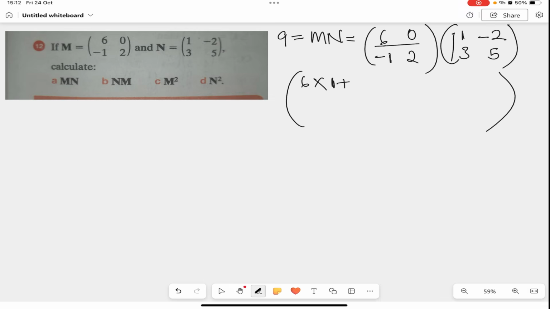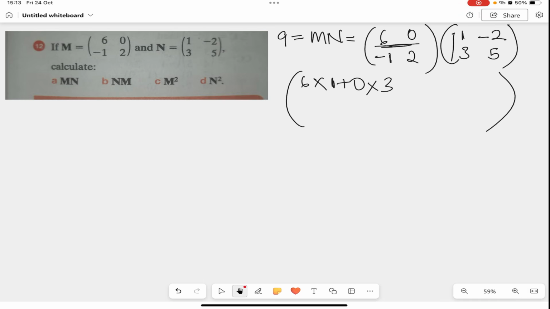Plus 0 times 3. Like I said, first row, first column: 6 times 1, plus 0 times 3. We've done first row, first column. So we'll do first row again, second column.